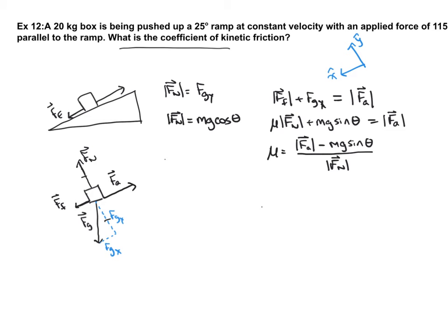So we're going to make a substitution here, two equations. Both equations have normal force in it. So I'm going to make the substitution of mg cos theta in for the normal force of the other equation.